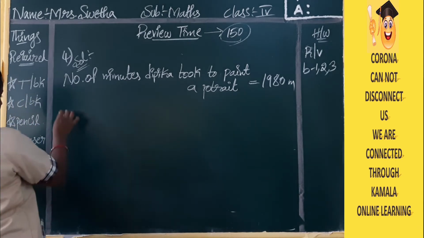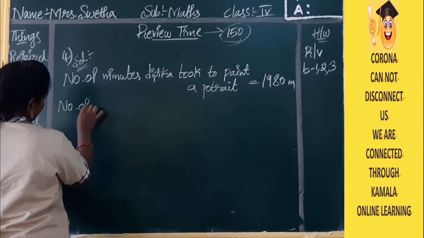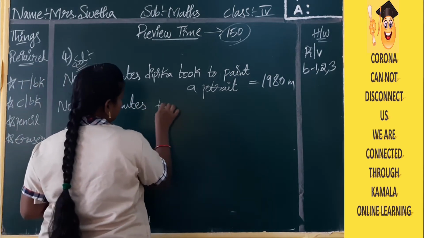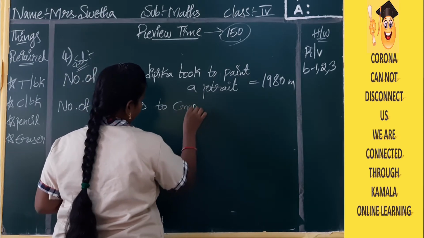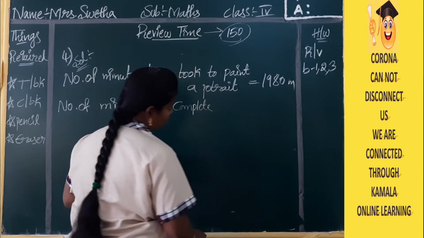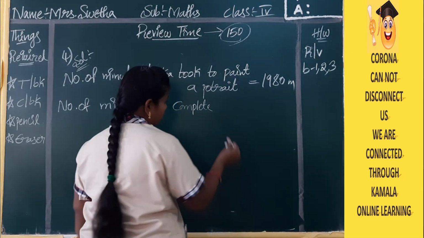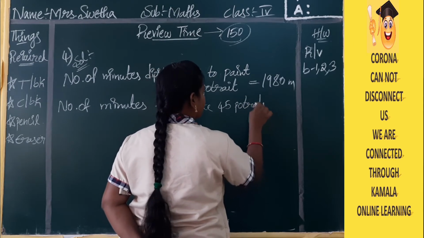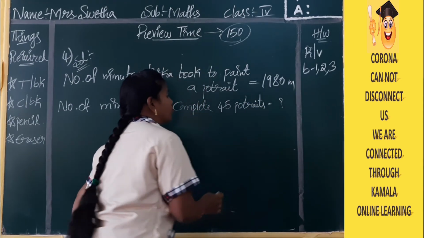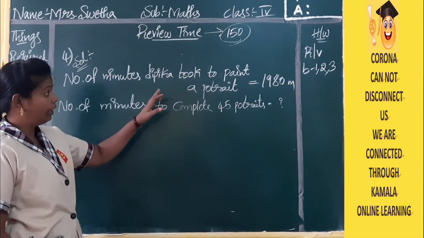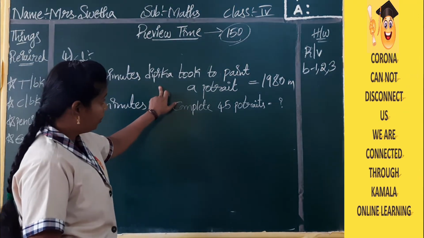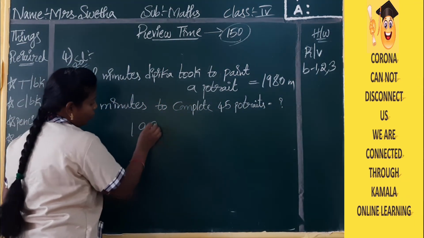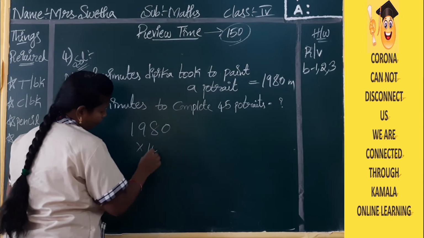So number of minutes to complete 45 portraits. Here to complete one portrait she took 1980 minutes. So to complete 45 portraits, how many minutes she will take, you have to find out.